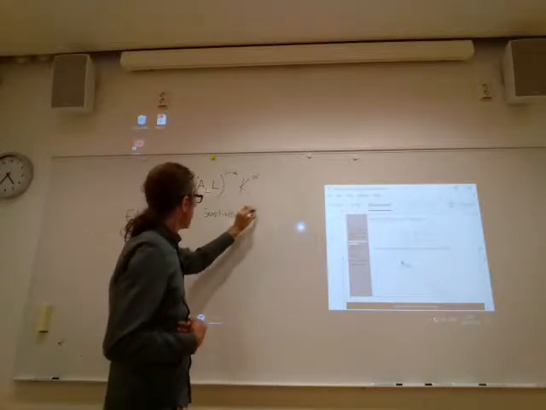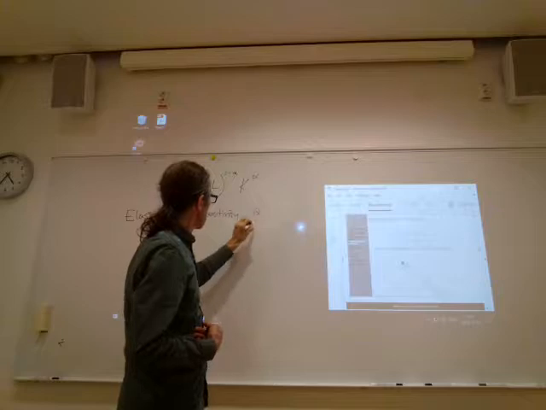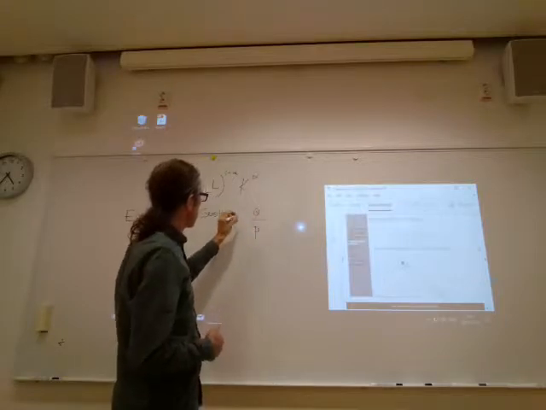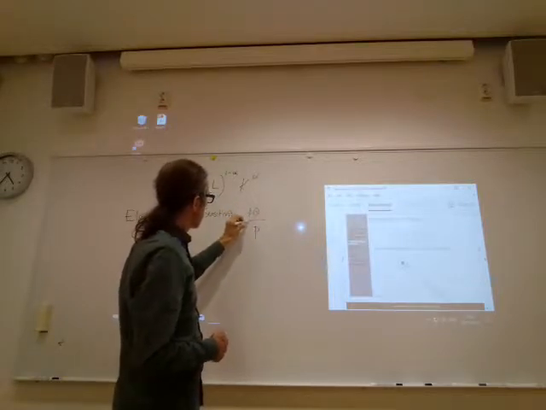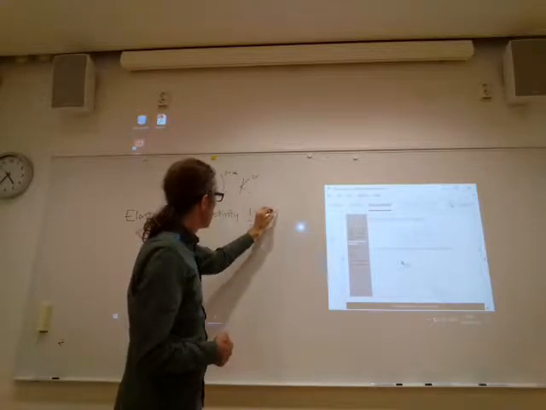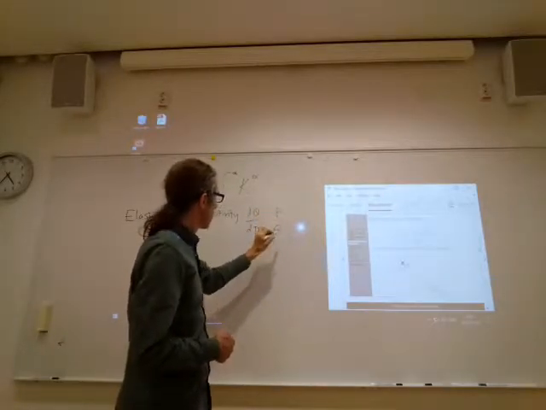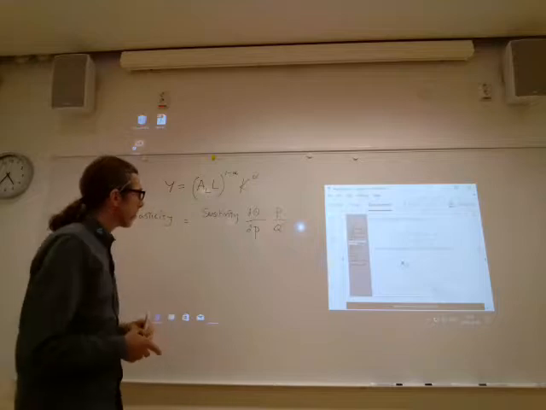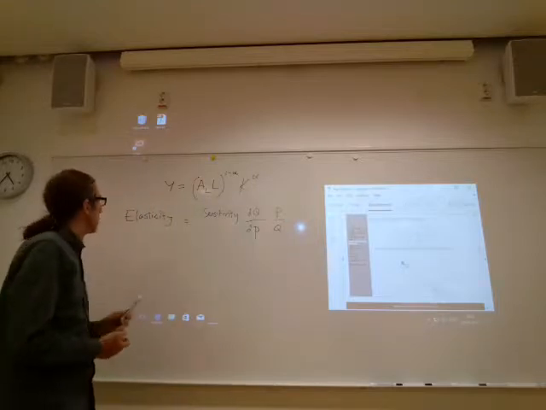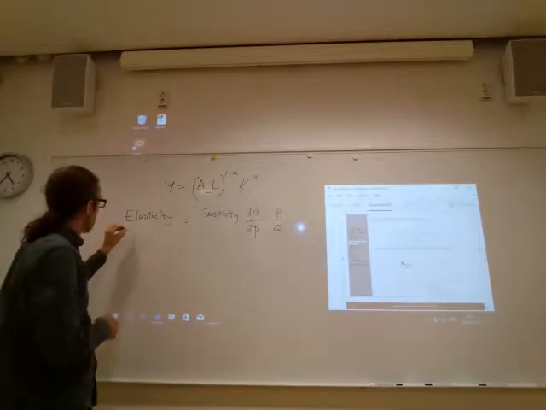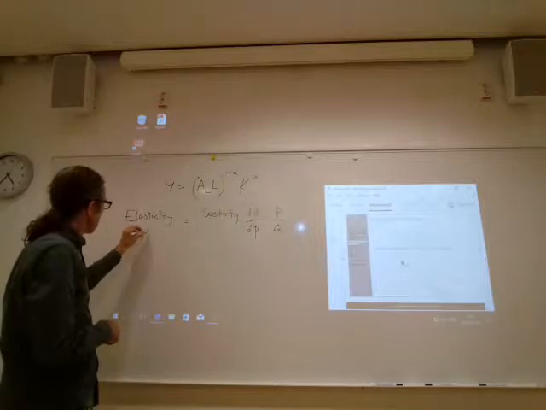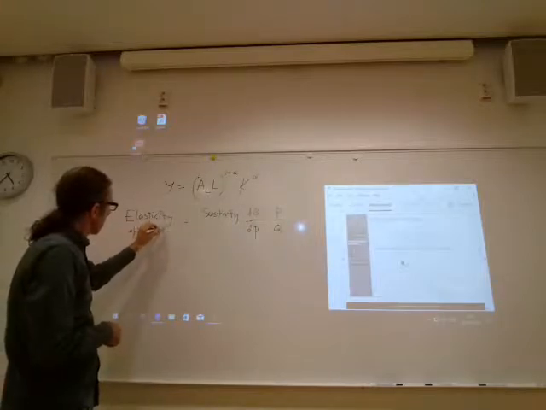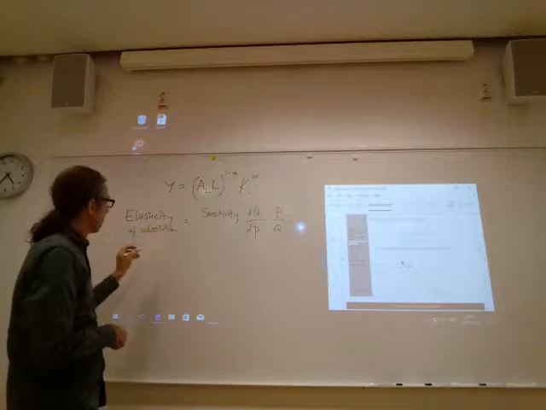It's like dq/dp times p over q, if you like. So what's the elasticity of substitution?